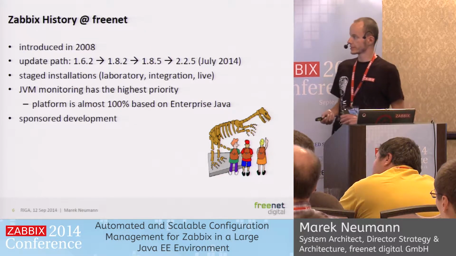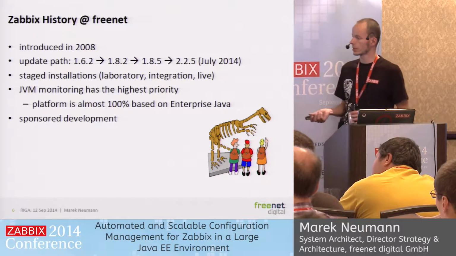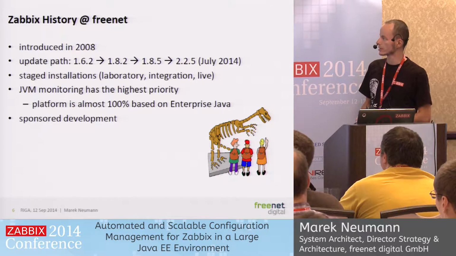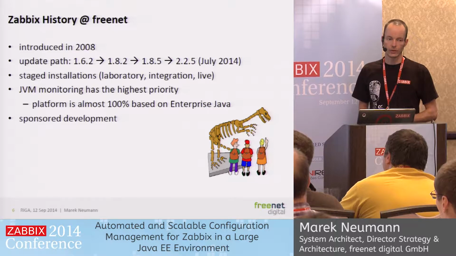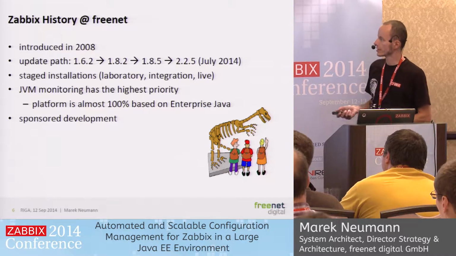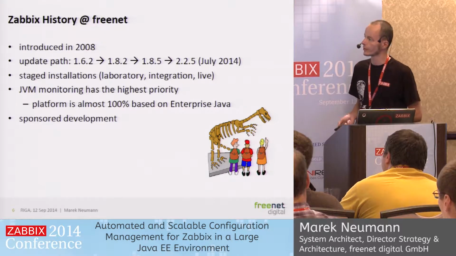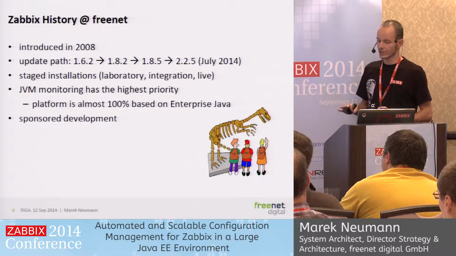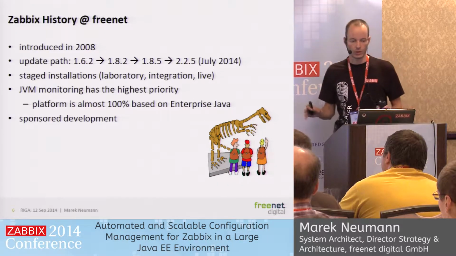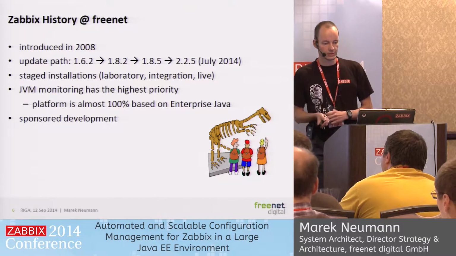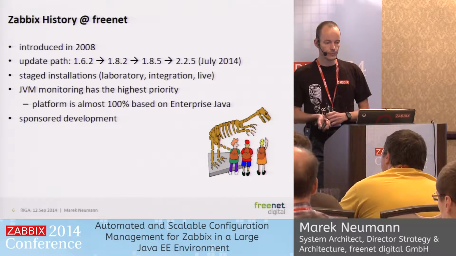We are using Zabbix since 2008, so we started with 1.6, we had 1.8 for a very long time, and this year in July we finally migrated to 2.2. We have several installations, one for our lab, one for testing purposes, and one for production.